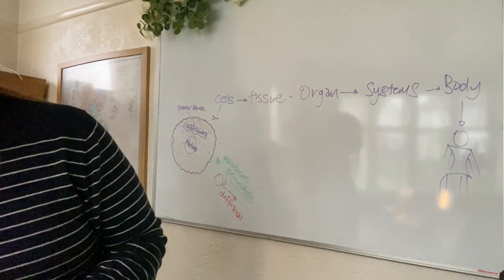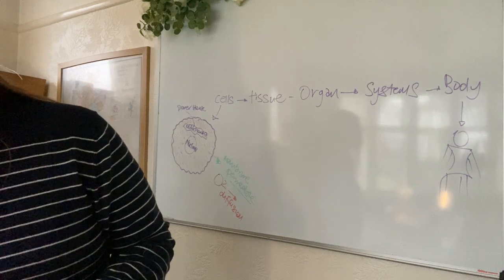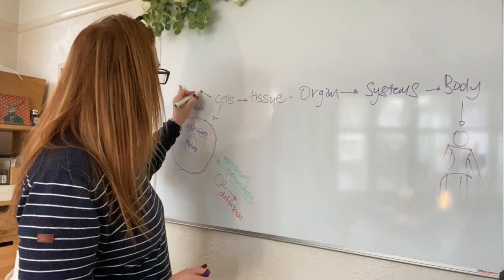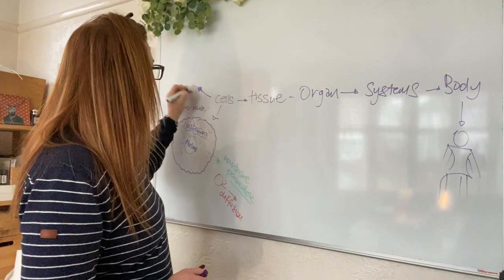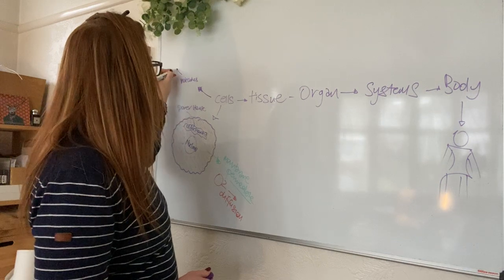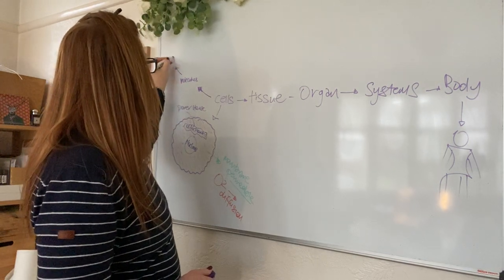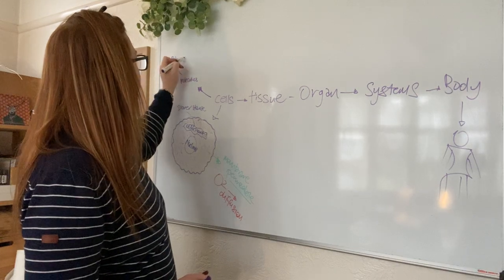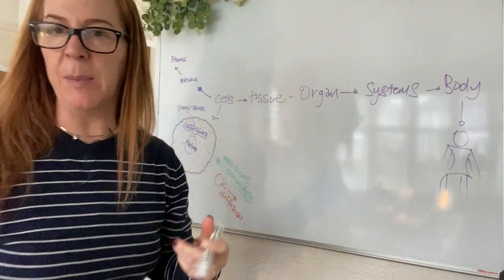Okay, so we did also talk about the other way from cells, where we go into smaller particles, where you've got molecules and then you've got atoms, and then you've got subatomic particles.